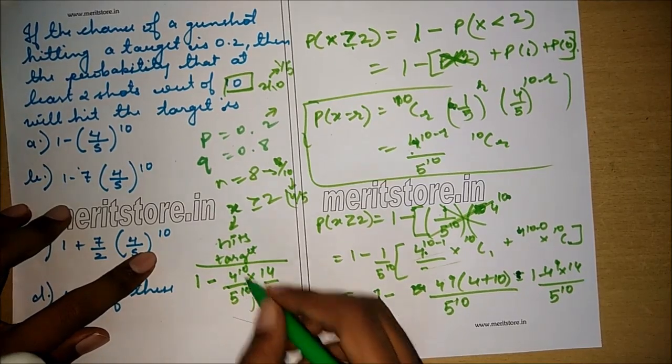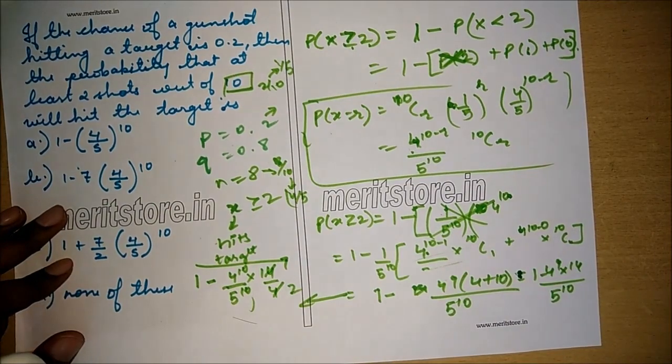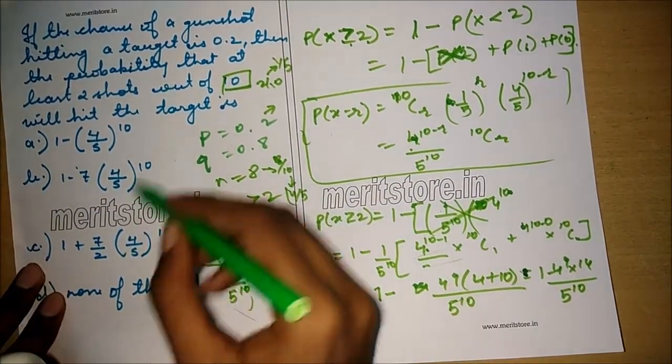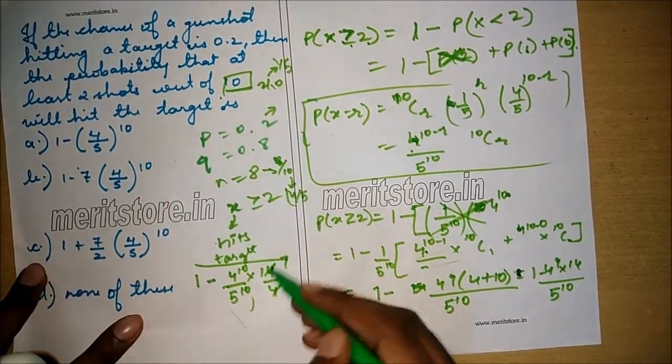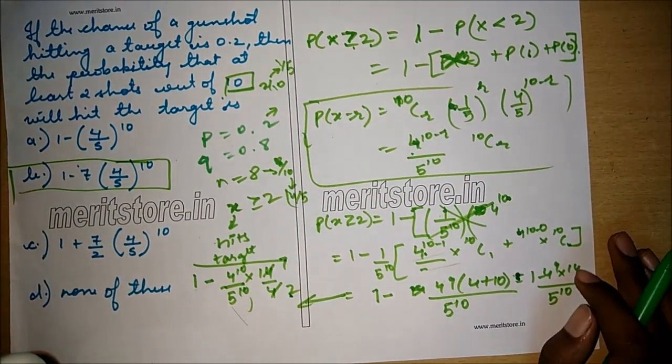So this can be written as 4 by 5 raised to 10, and this is 7 and this is 2. 2 gets cancelled out. So we can see from the option it is 1 minus 7 by 2 into 4 by 5 raised to 10. So the answer is B.